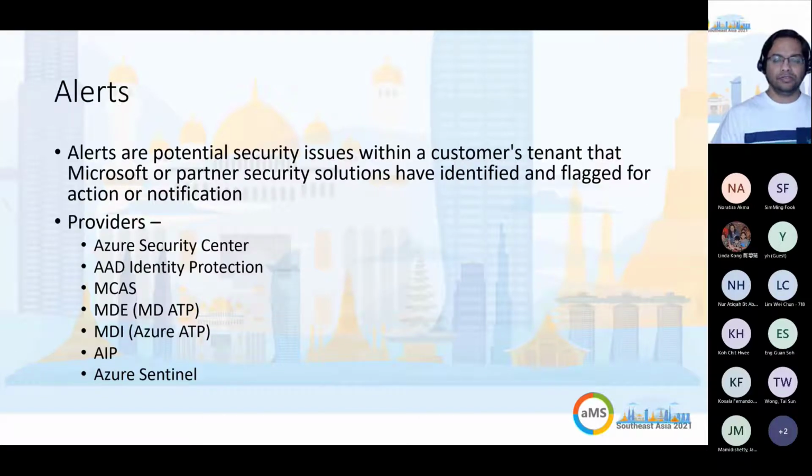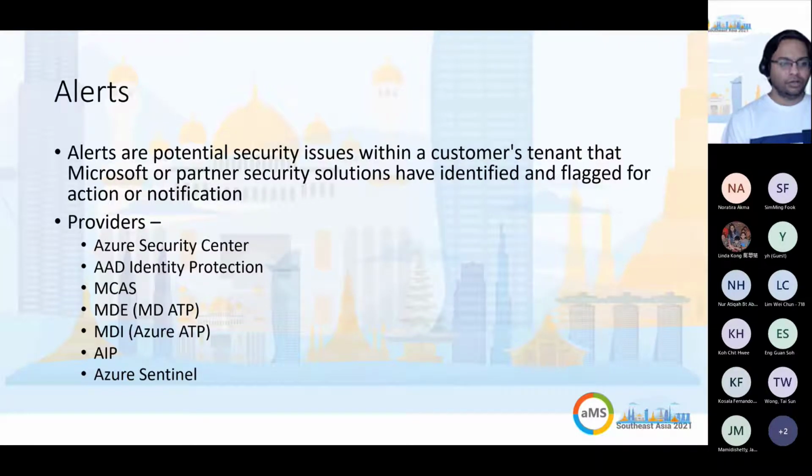Or if I have defined my privileged identity management and user identity management, it's going to maybe block me, or maybe ask me to reset my password, because the platform is detecting that the user has been logging in from an Australian IP address, but now suddenly is trying to log in from an Indian IP address. It may be an alert to the system that the user account is compromised and somebody is trying to impersonate the user. And these alerts can come from a variety of systems.